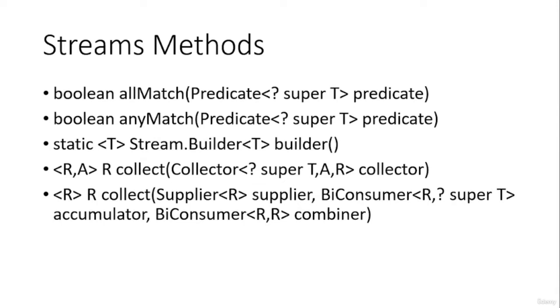So streams has a lot of methods. These methods are used for aggregating collections, as well as for processing the collection elements, mapping them, flat mapping them, checking predicate conditions, filtering them, and finally there are some aggregate methods also.